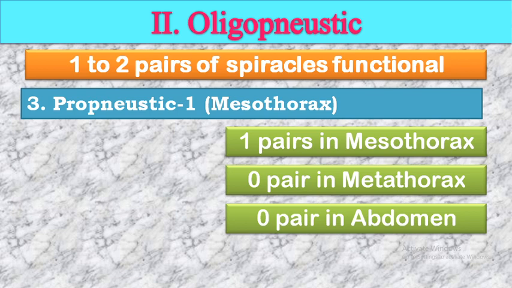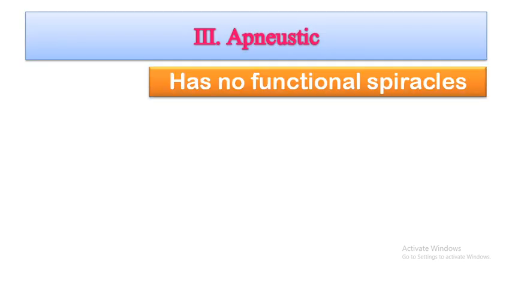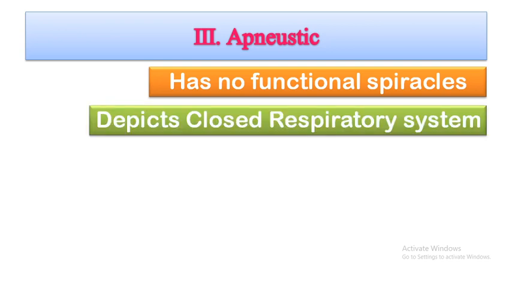Now this is apneustic. Earlier I told that they are not working, they are just zero, so they don't have any functional spiracle. They depict a closed respiratory system. The respiratory system is totally closed.